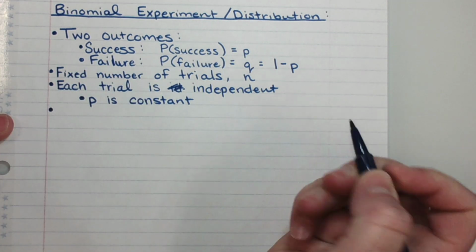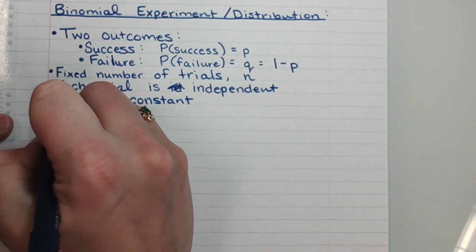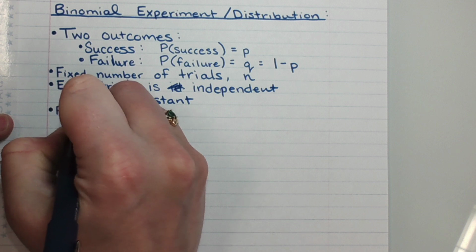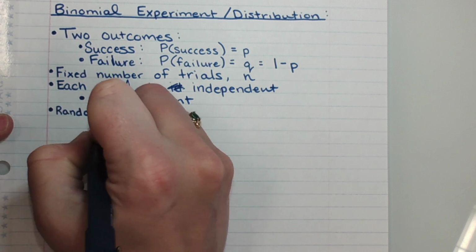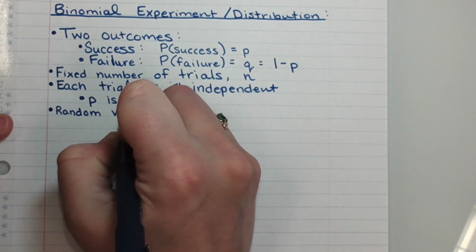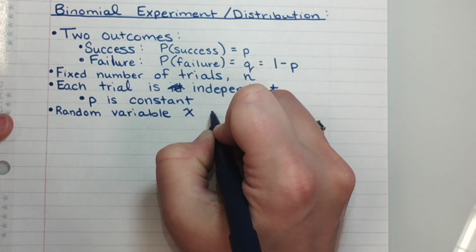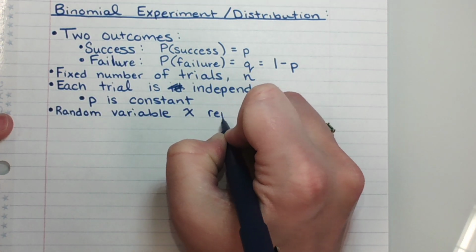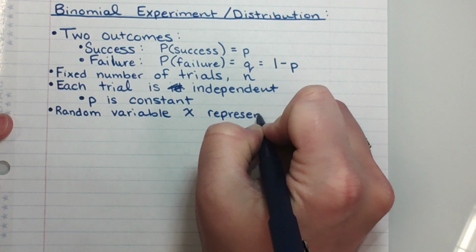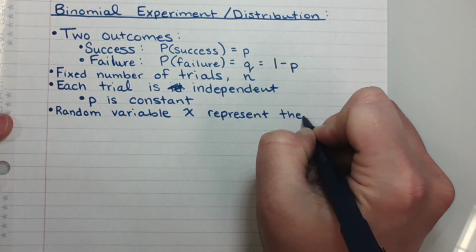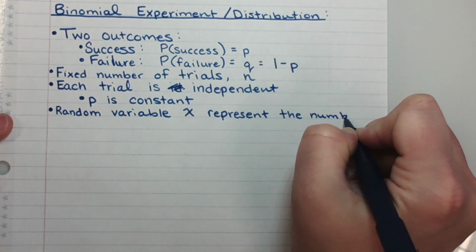Now the random variable x will represent the number of successes wanted.